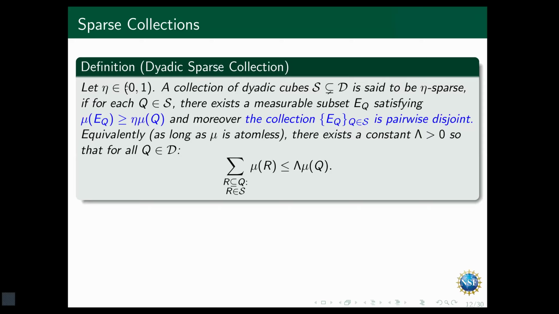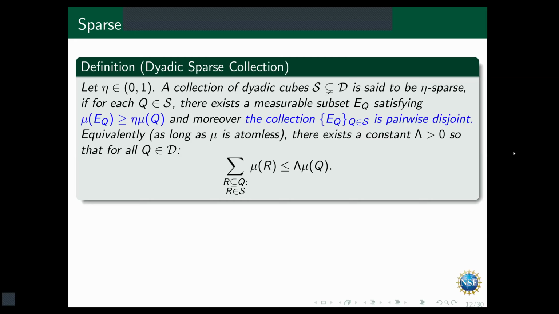So if we fix our parameter η in (0,1), a collection of dyadic cubes is said to be η-sparse if for each dyadic cube Q in the collection, we can find some measurable subset E_Q that satisfies the inequality μ(E_Q) ≥ η μ(Q). So E_Q takes up at least some fixed portion of the μ measure of Q. The Q's themselves may not be pairwise disjoint, but if you pass to this collection of subsets that have large measure relative to Q, then that collection is pairwise disjoint. So they have big pairwise disjoint pieces.